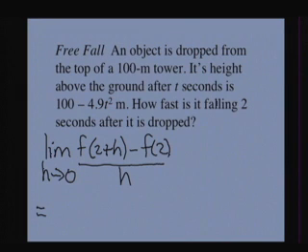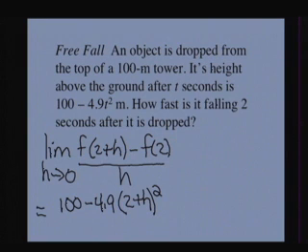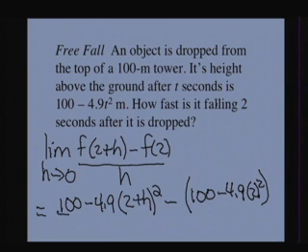So what we have is 100 minus 4.9, the quantity 2 plus h squared, minus the quantity 100 minus 4.9 times 2 squared, all over h.